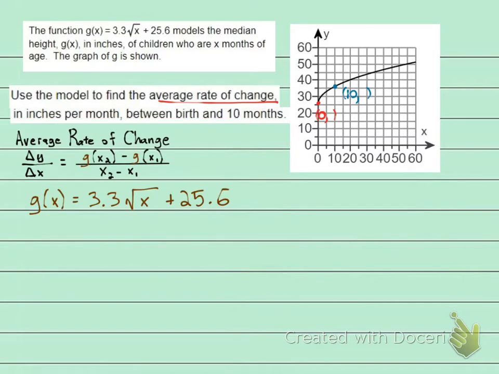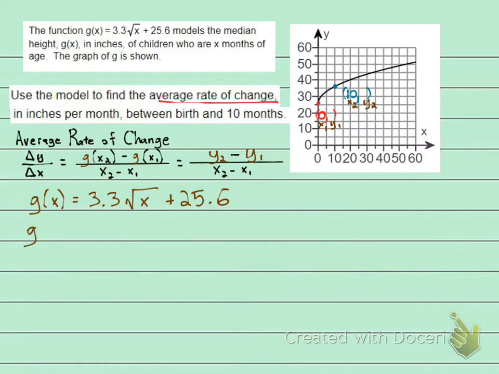Well, this is my x2, this is my x1, this will be my y1, and this will be my y2. And while I'm at it, I'm just going to go ahead and write the y2 and the y1 in the equation.